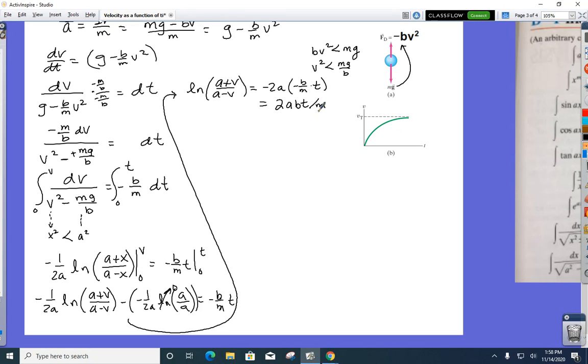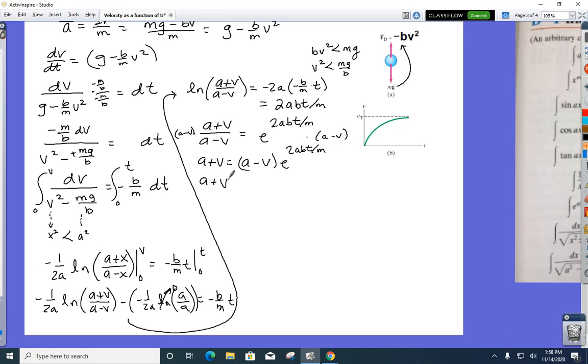All right, so just like I did before, I'm going to take this and have this be e to that power so I can get rid of that natural log on the left-hand side. And let's go ahead and multiply both sides here by a minus v. And we get a plus v is equal to a minus v times e to that power. And now I need to bring that v over to the other side.